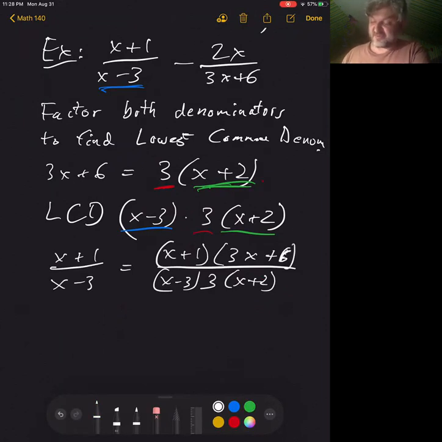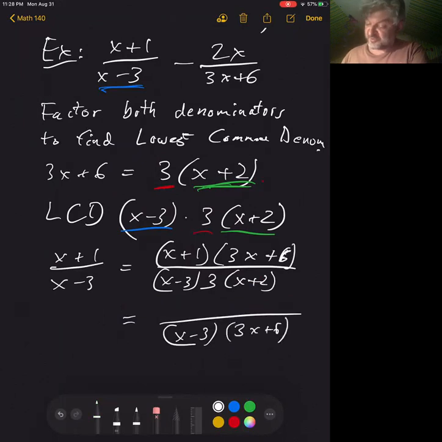Either way, I need to multiply both numerator and denominator by the same thing. And then I can go in and expand the numerator. This is the FOIL again in action.